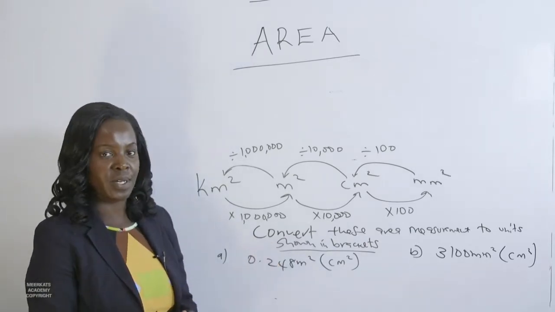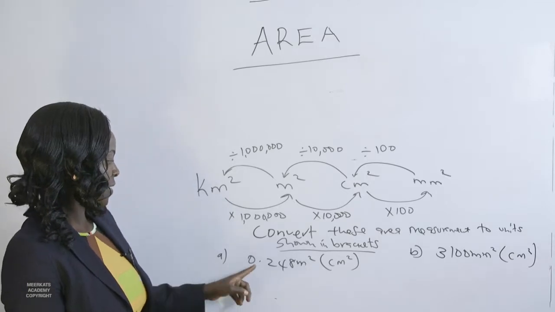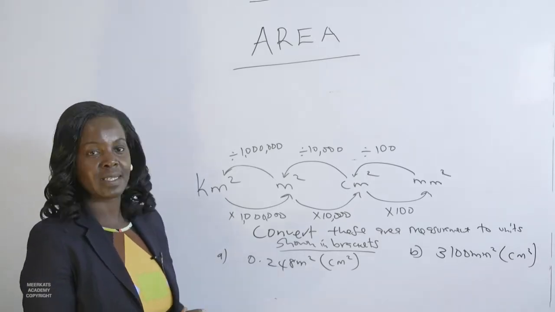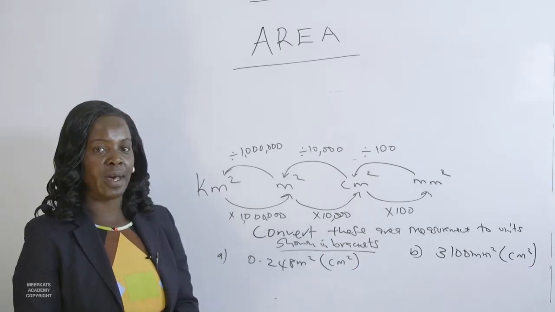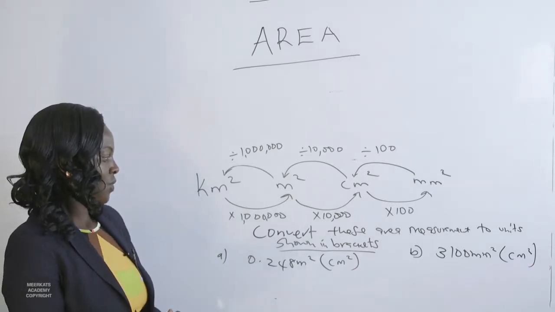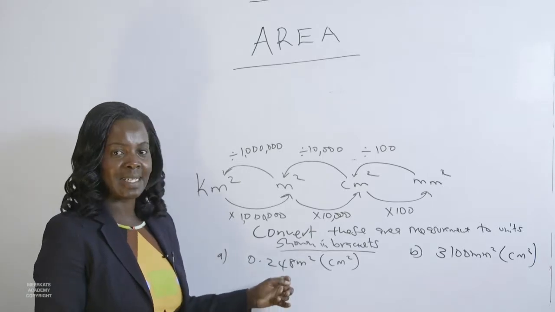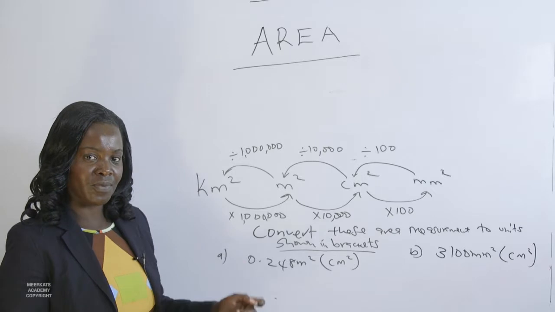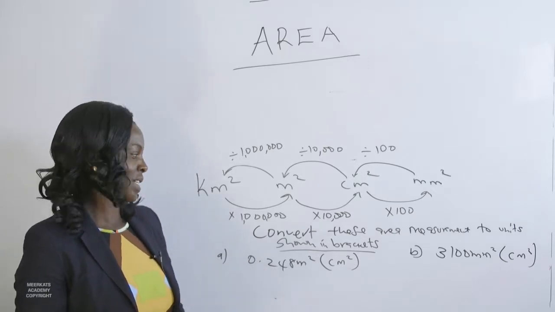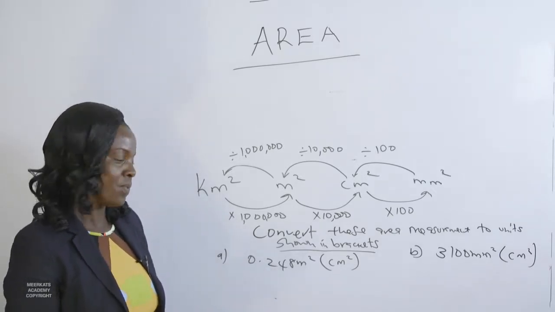We have 0.248 square meters into square centimeters. You realize that we are converting from a larger unit to a smaller unit, and we have said that if you are converting from a larger unit to a smaller unit, you multiply. So what are we going to do?